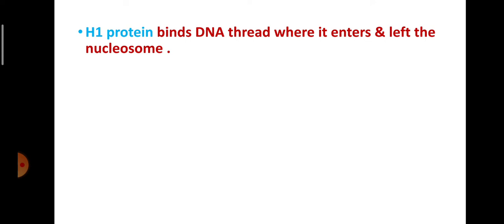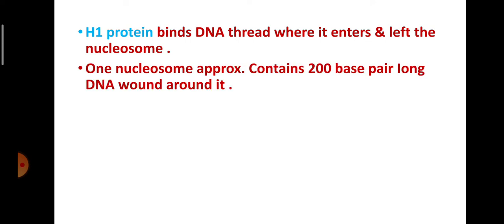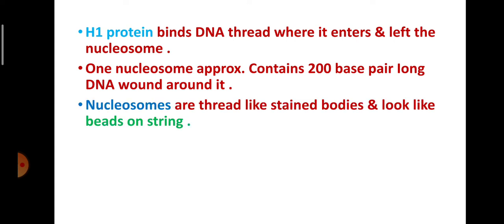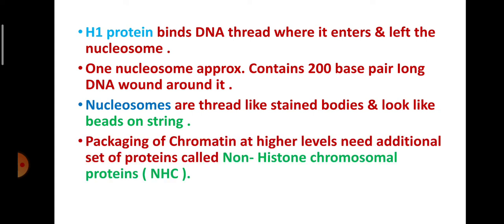H1 protein binds the DNA thread where it enters and leaves the nucleosome. One nucleosome contains approximately 200 base pair long DNA wound around it. Nucleosomes are thread-like stained bodies and look like beads on a string.